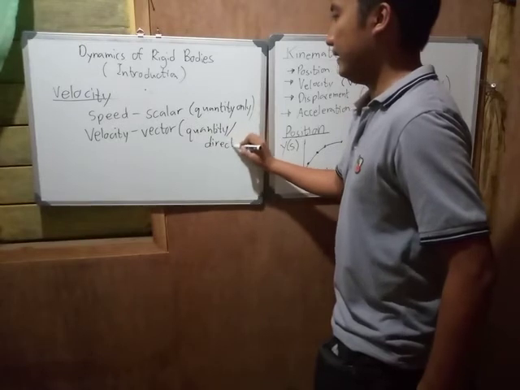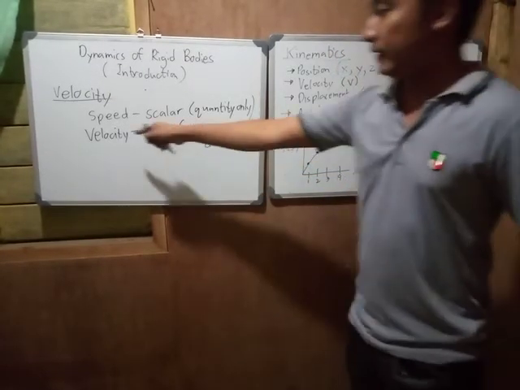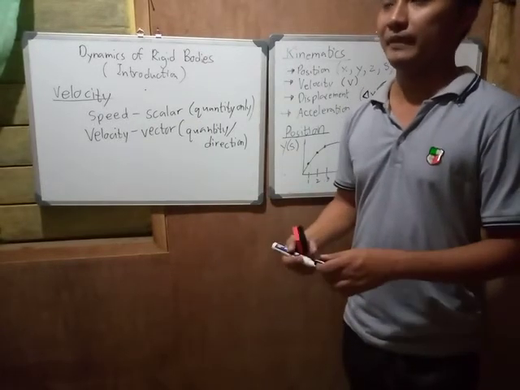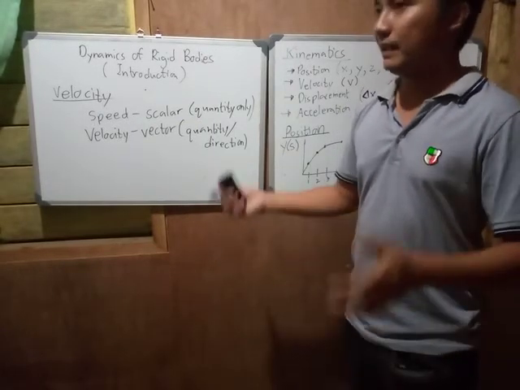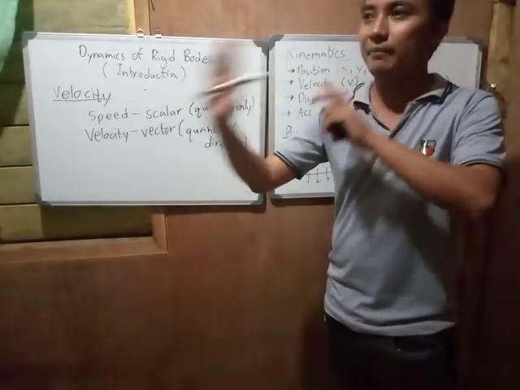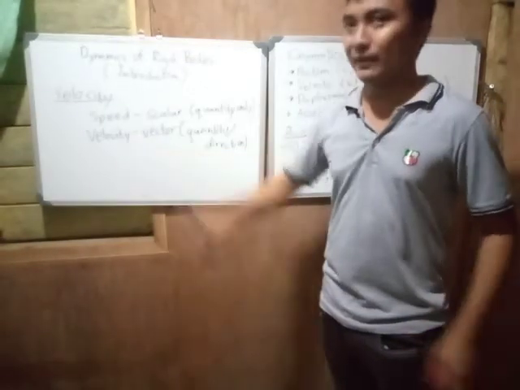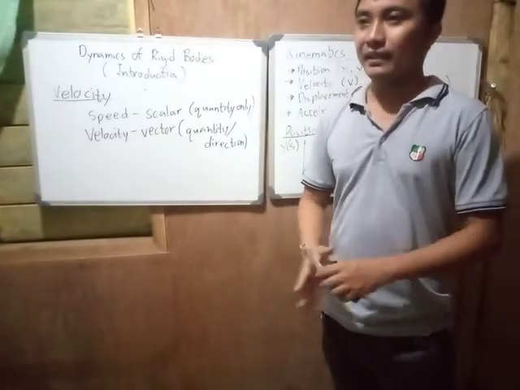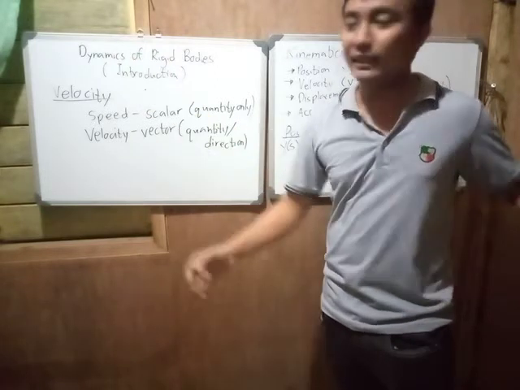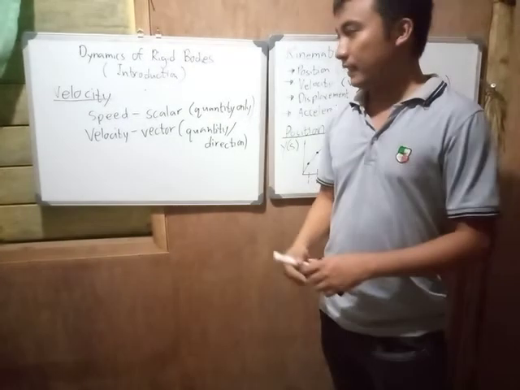Pag sinabi nating speed, you are running at a speed of 5 meters per second, hanggang dun lang. Pero kung velocity, you are moving 5 meters per second to the right or to the left, so we can say that that is vector.